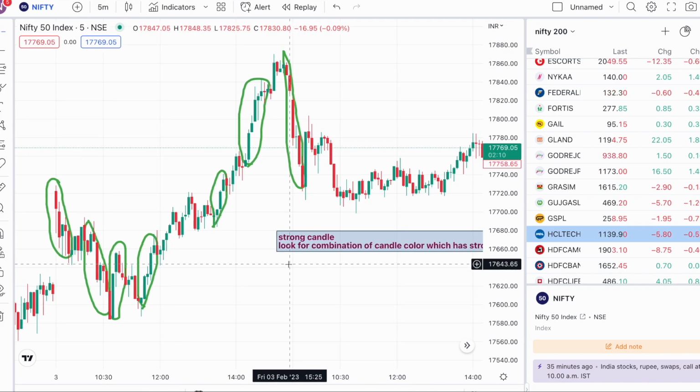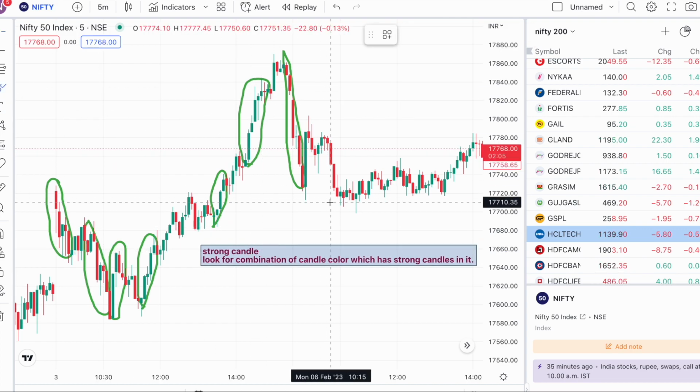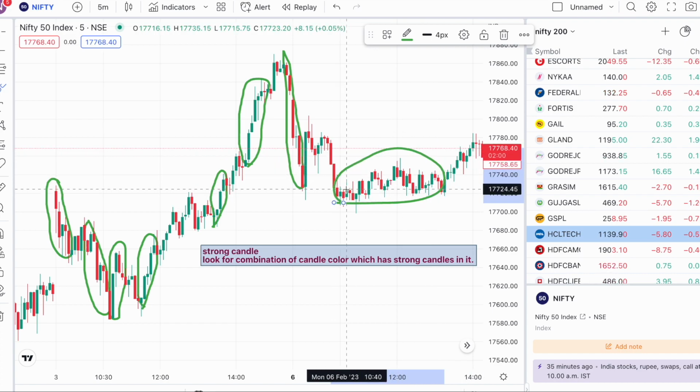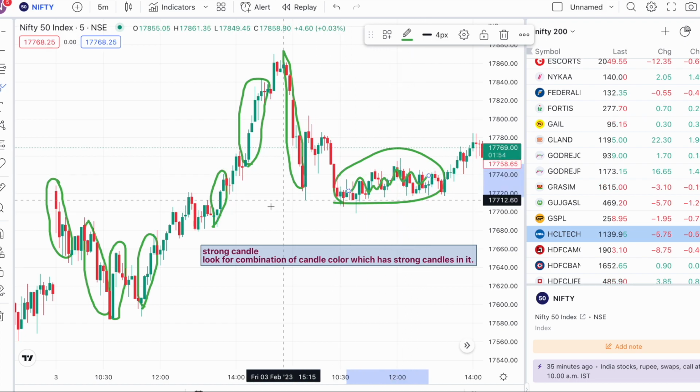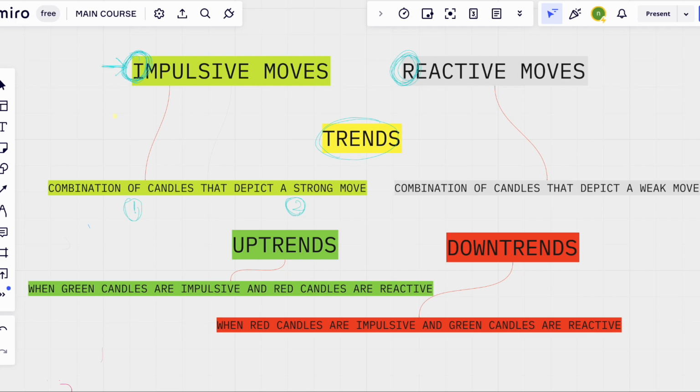So these are the two conditions that you can look for. Now if you can see over here, in this particular area, there is no strong candle as such. There is no combination of strong candles. All are medium sized candles. So we'll not call this an impulsive move. So I think impulsive move is clear. We'll revisit this once again, all combined.